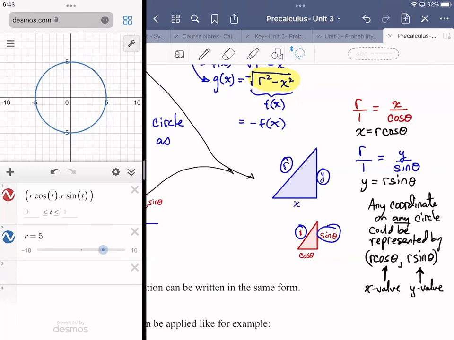But this creates a function, and you can plot it like that and get a nice circle, radius of 1. That's one option. All sorts of different possibilities. But what we have is a relationship that allows us to come up with coordinates on a circle depending on a given angle. And so that's really the moral of the story here.